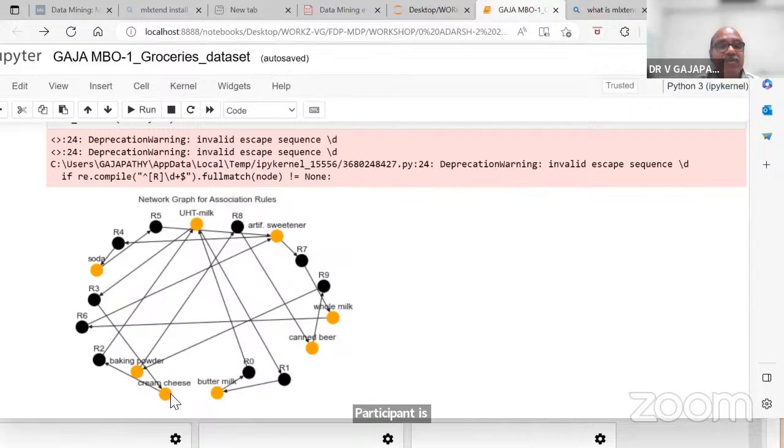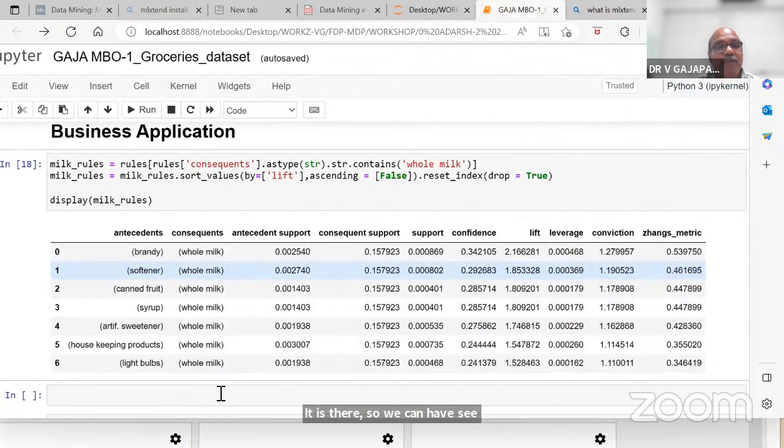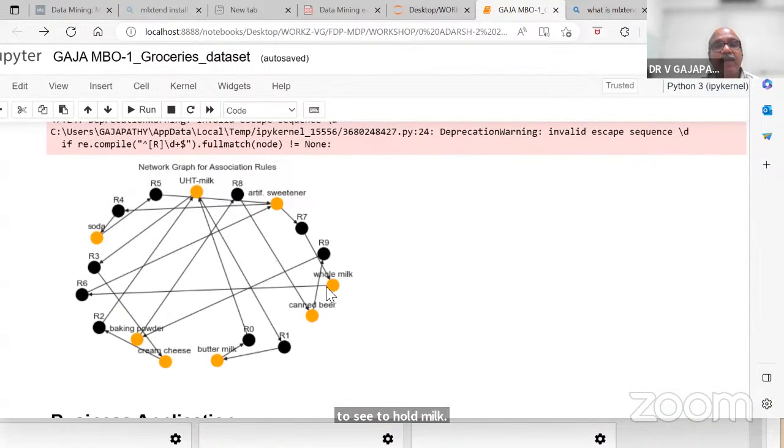We will check, because we do not have the full names, only R5 and so on. To whole milk, everything is coming. Whole milk softener is there. Therefore, here you can see which one is antecedent and which one is consequent. So with this graph itself, you can work out.